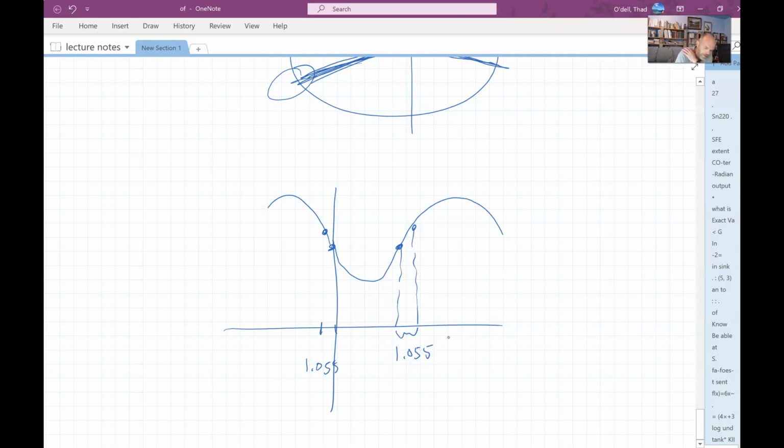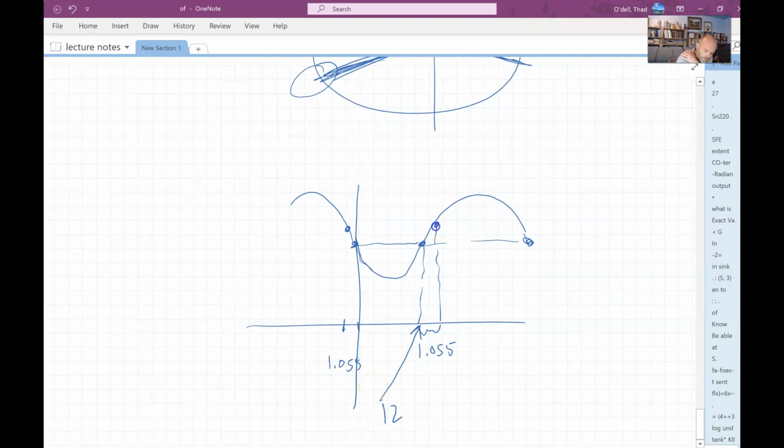Total period is 24, so this is 2, I'm sorry, that's not right. This is a half of the period, so this would be 12. It's 12 hours from there to there, and another 12 hours to this other one. We know this is 12, so this one here would occur at 13.055. We got that by adding the 1.055 to the 12.